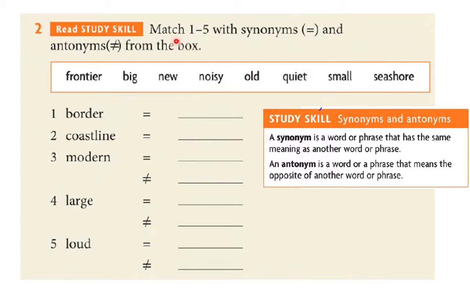In exercise 2, match 1 to 5 with synonyms (equal) and antonyms (not equal) from the box. So we have 8 words and it is required to match each of the given 5 words with one of them, which should be a synonym or the antonym of the given word.